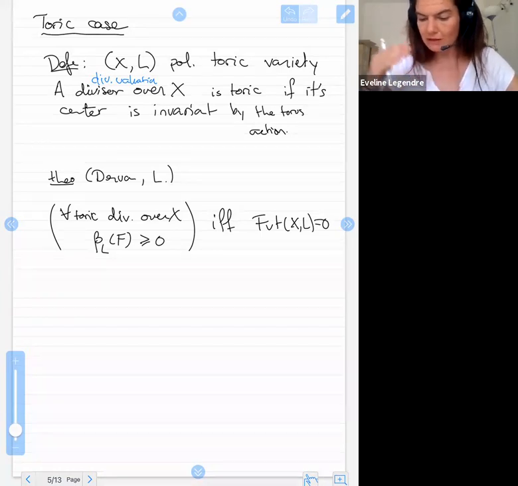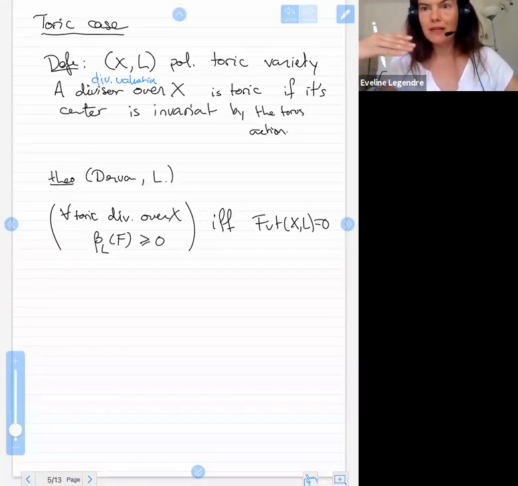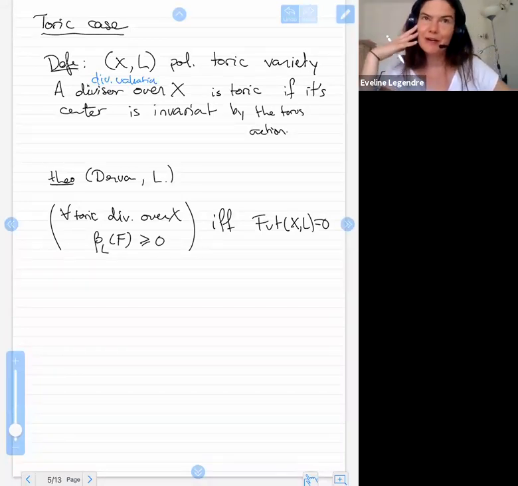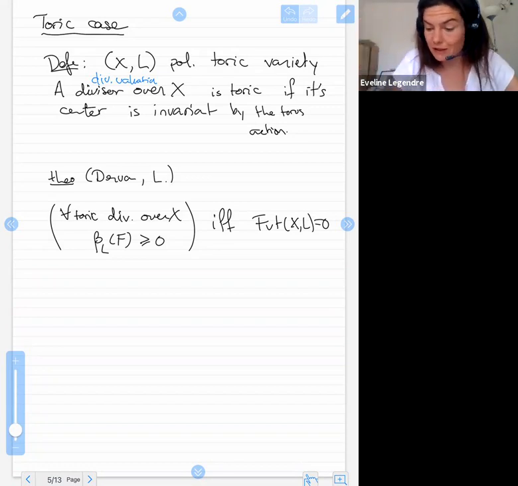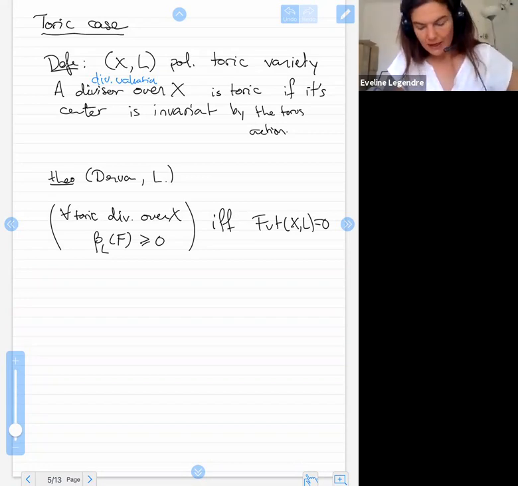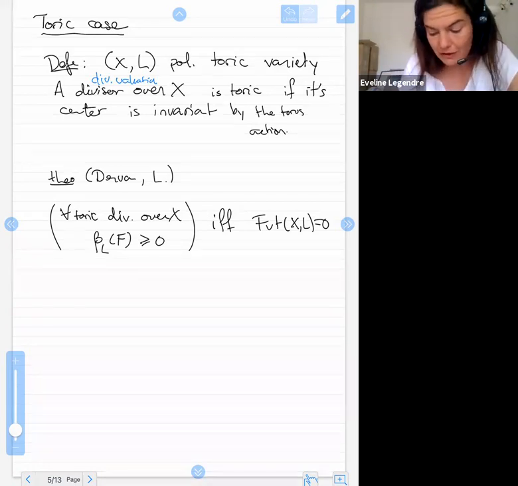Okay, so it corresponds to an element in the Lie algebra of the torus, or in Q, you can think about it this way.